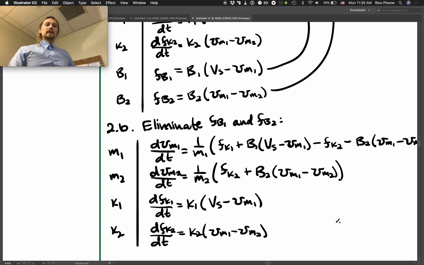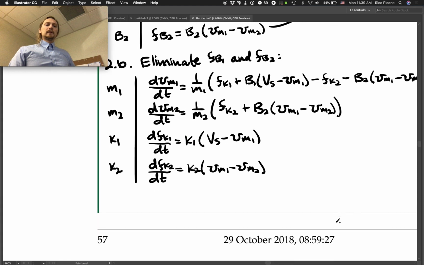So we have our state equations now. We have the scalar state equations. We want to put them in the vector matrix form, the standard form. So let's do that next.